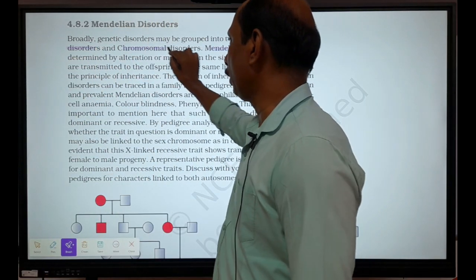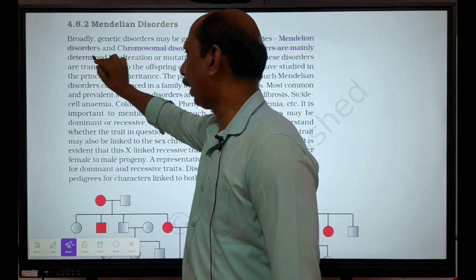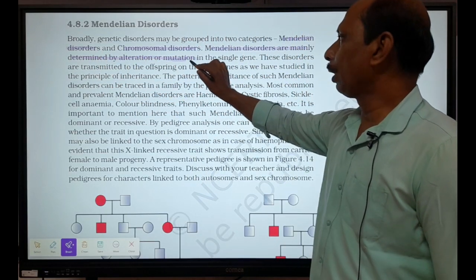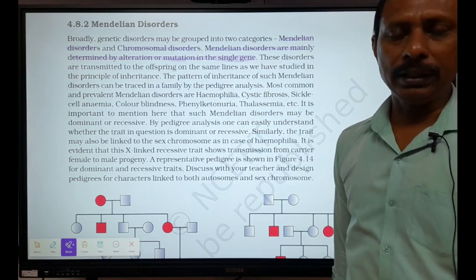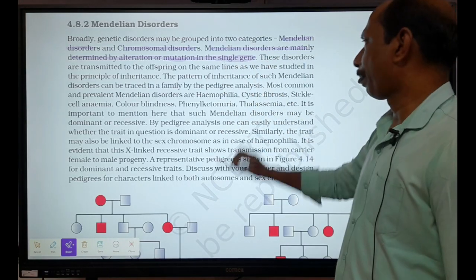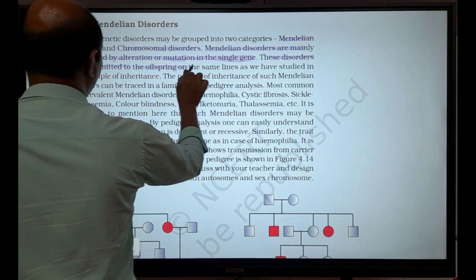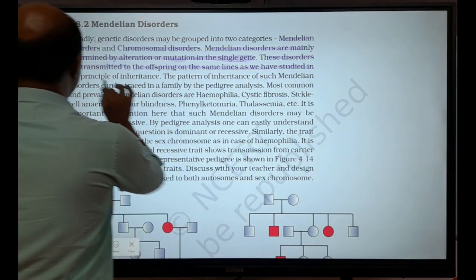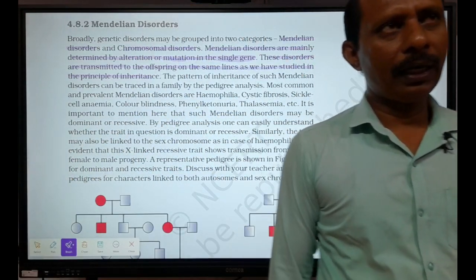Second is chromosomal disorder. Mendelian disorders are mainly determined by alteration or mutation in a single gene. These disorders are transmitted to the offspring on the same lines as we have studied in the principles of inheritance, right?